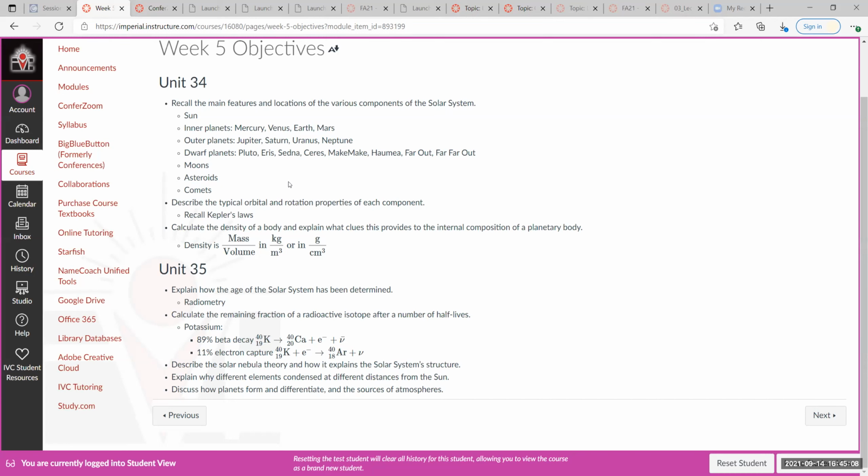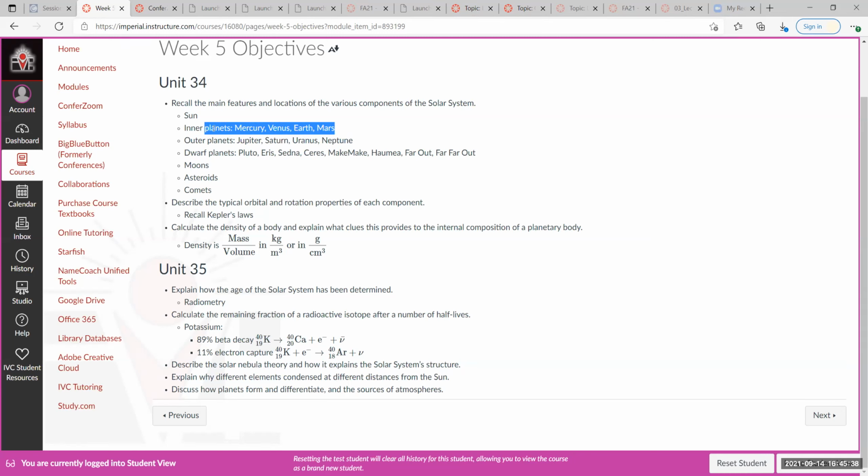The main thing, of course, is the sun. And then you have the planets that are grouped into two groups. The inner planets and the outer planets. There is a big distinction between these two groups in terms of structure, in terms of size also. The inner planets are smaller, the outer planets are larger, both in mass and size.